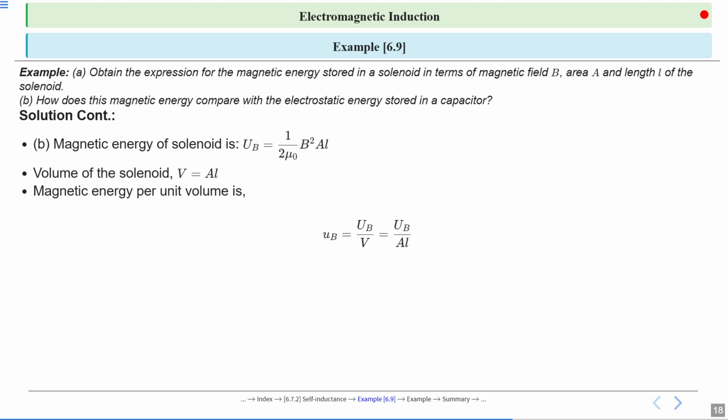Capital UB, the magnetic potential energy, is half B square upon mu naught into AL. Dividing it by AL, it will result in B square upon 2 mu naught. Mark it as equation 6.18. It is also known as energy density, magnetic energy density.